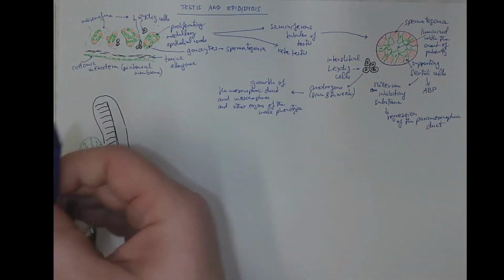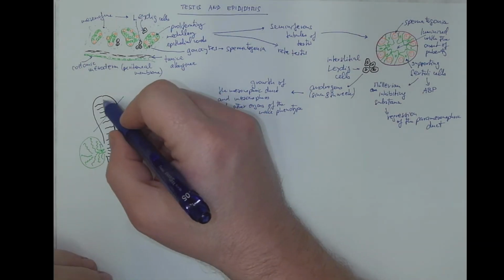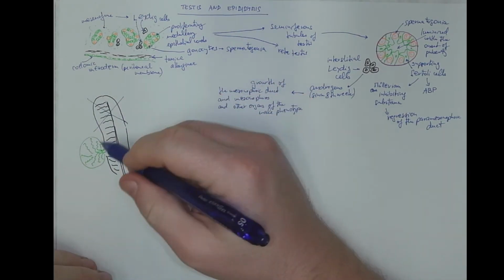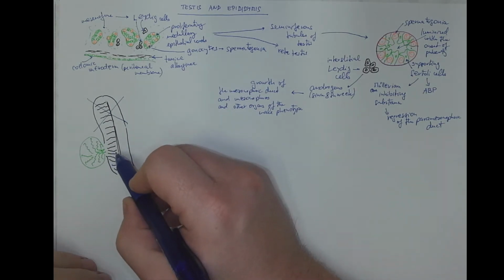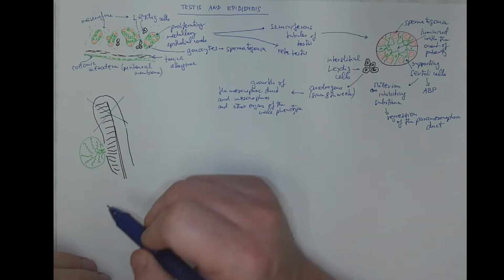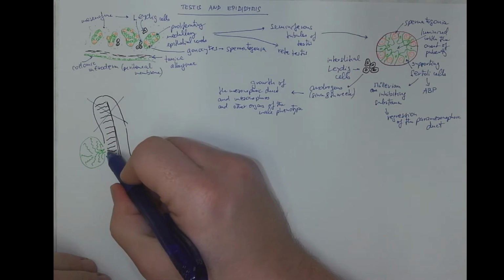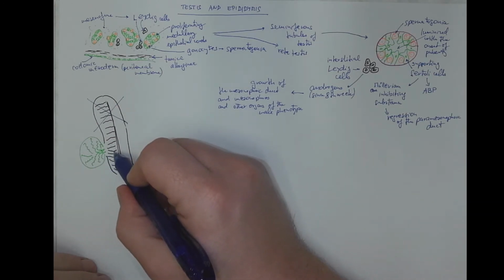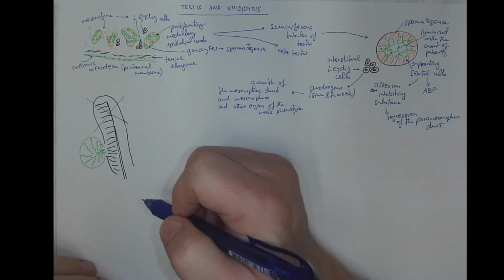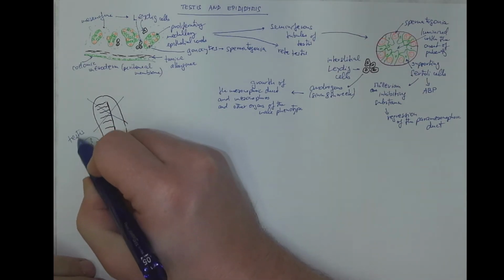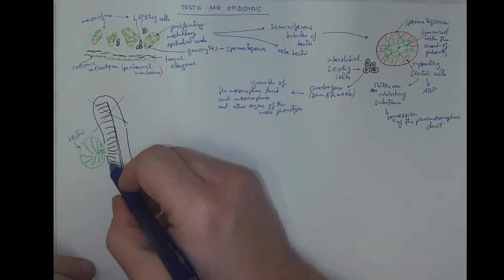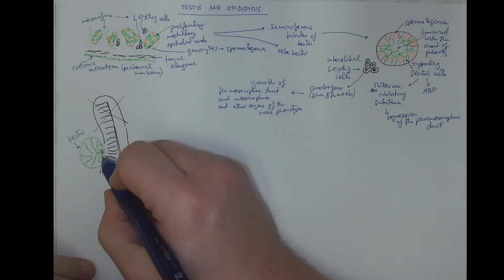Now the upper pole of the mesonephros will regress and disappear, but here the mesonephric tubules will join the rete testis. They will connect. They will find each other. There are some chemoattractants, like factors, that will help to establish connection between these tubules. So this is testis. This is the region of the rete testis.